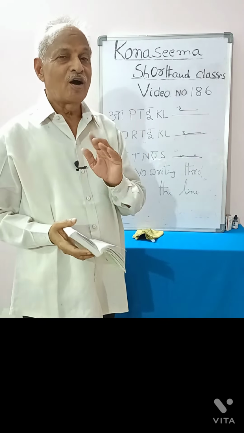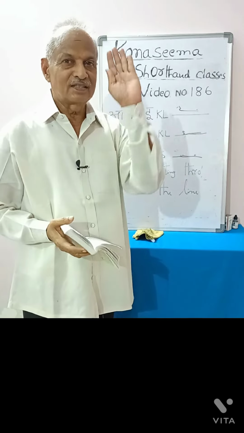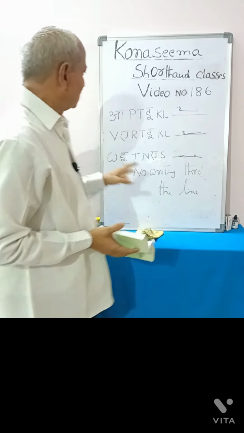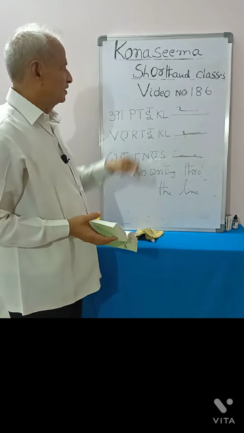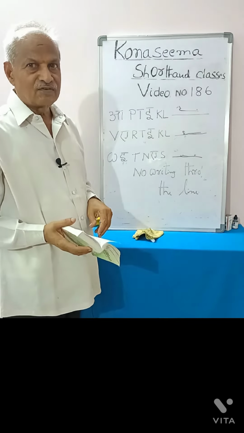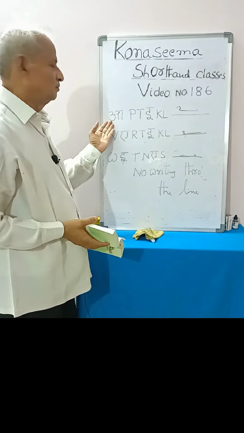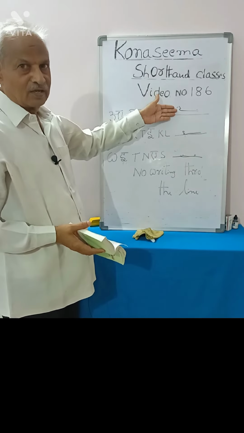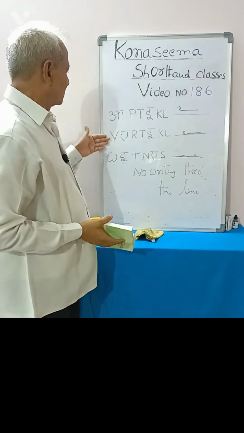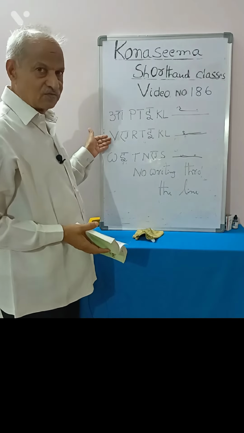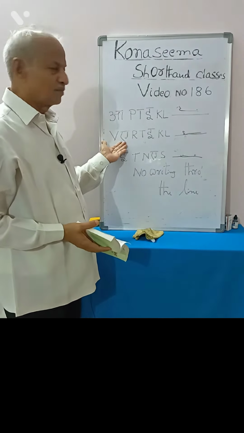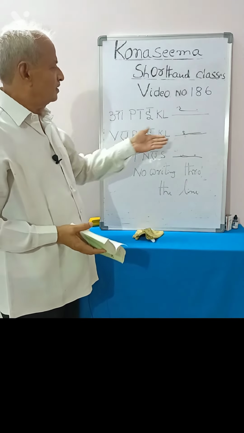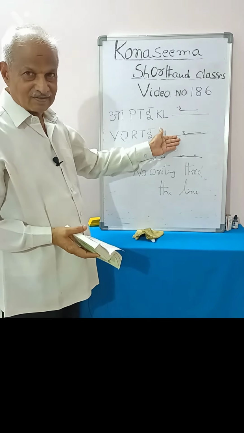But here, how to write the half-length forms? You see here, optical. In this, what is the first sounded vowel? Okay, we will write the entire outline above the line. Right? Here, vertical. What is the first sounded vowel? A. Second place vowel. Okay, on the line we can write.